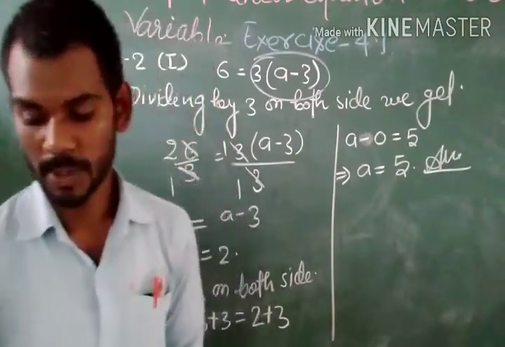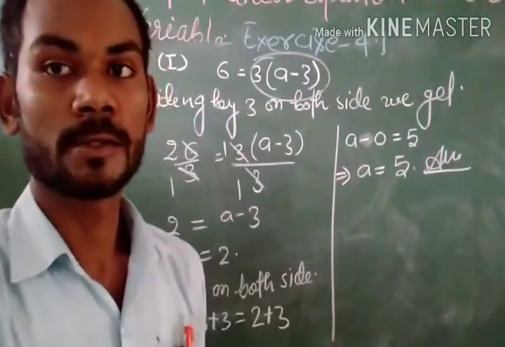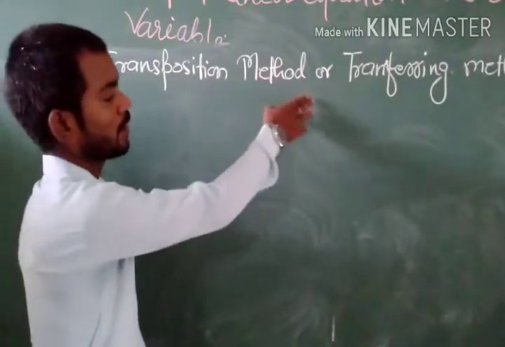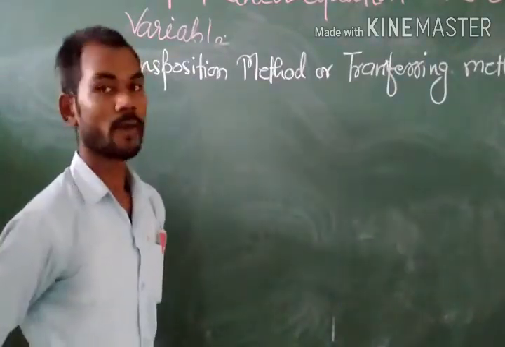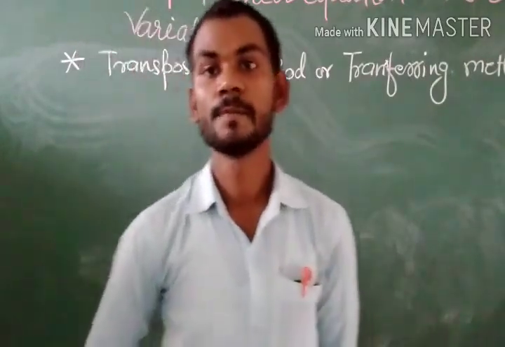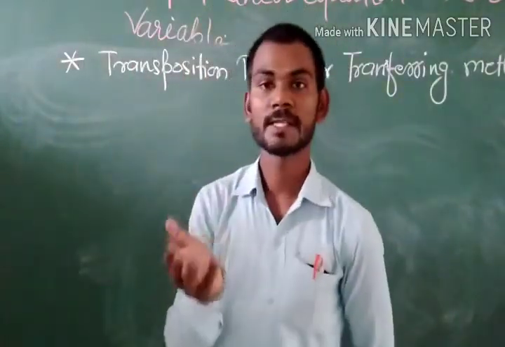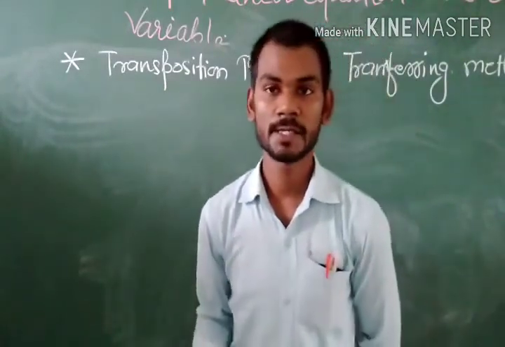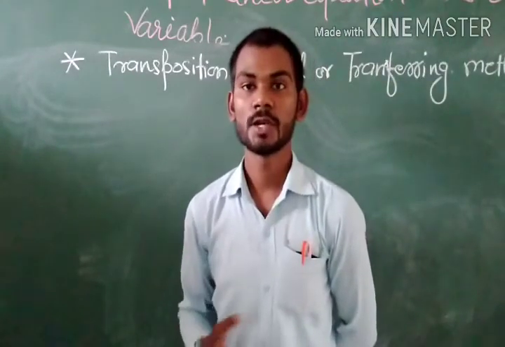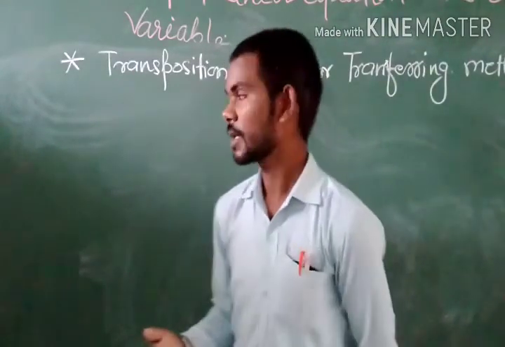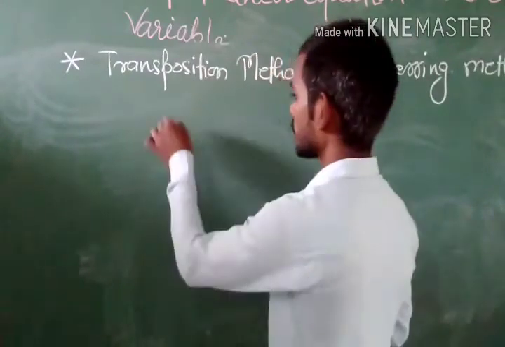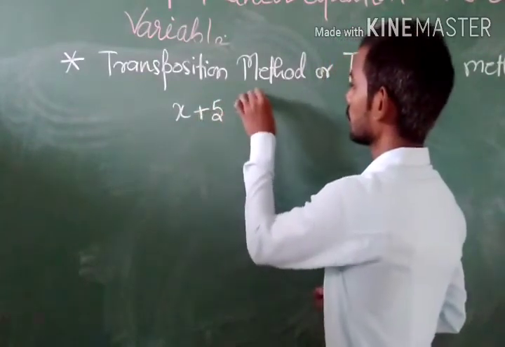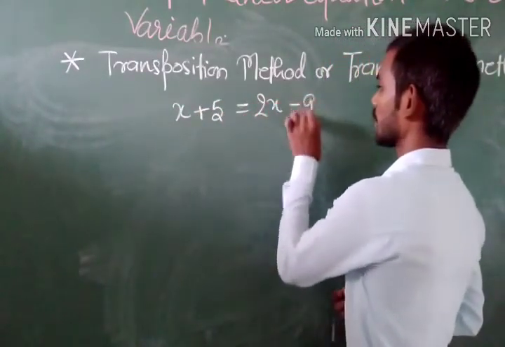What is the transposition method? In this method, the process of transferring the algebraic terms from the left hand side to the right hand side is called transposition or transferring. Let us suppose a linear equation: x plus 5 is equal to 2x minus 9.